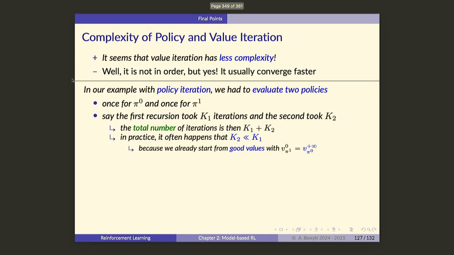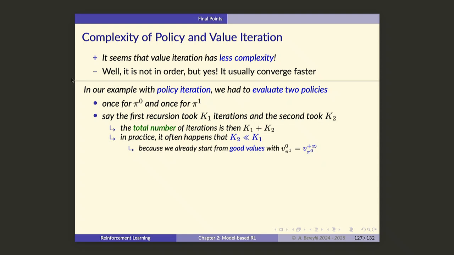Just to show you why this is not generally correct, let's think about the particular example we had. We had this policy pi 0 and policy pi 1. Policy pi 0 was the random one, pi 1 was the improved one, right? When we first evaluated the policy, say k1 was the number of iterations we took to get to that value function.